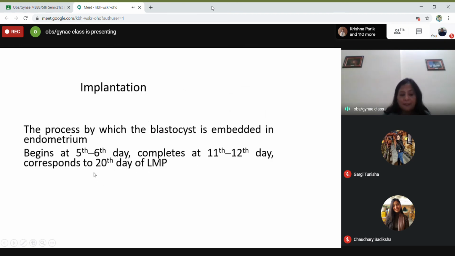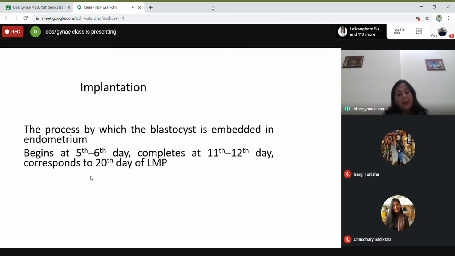So now after fertilization, implantation takes place. The process by which the blastocyst is embedded in the endometrium is called implantation.